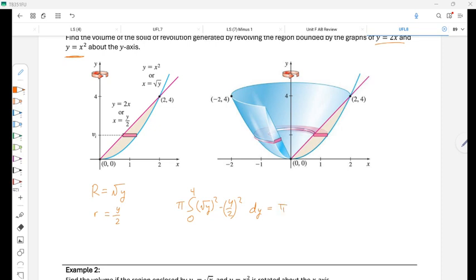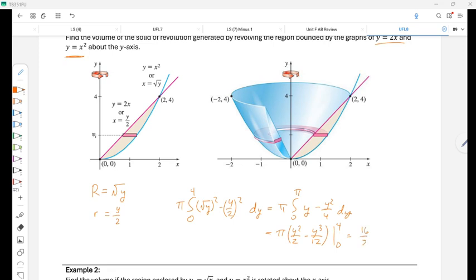So we've got pi integral from 0 to 4 of y minus y squared over 4 dy. Pi times y squared over 2 minus y cubed over 12, evaluated from 0 to 4.